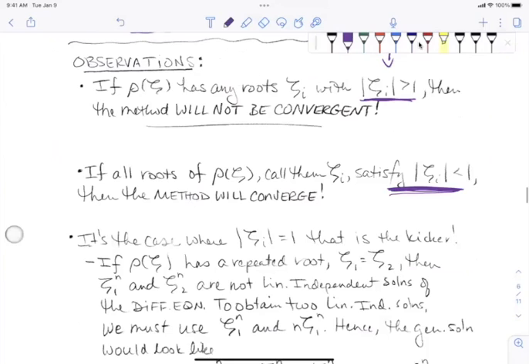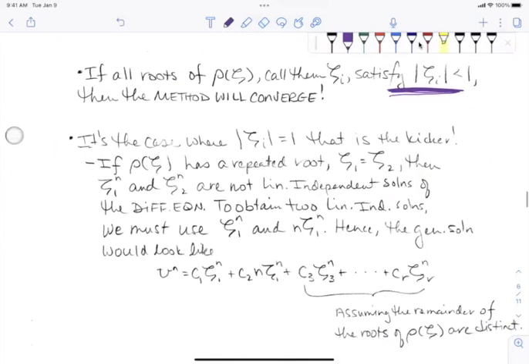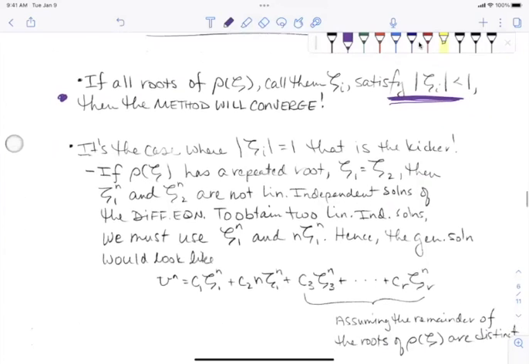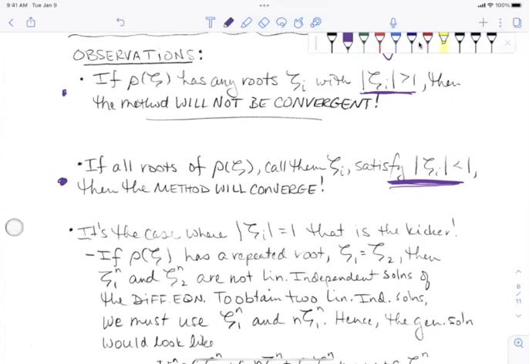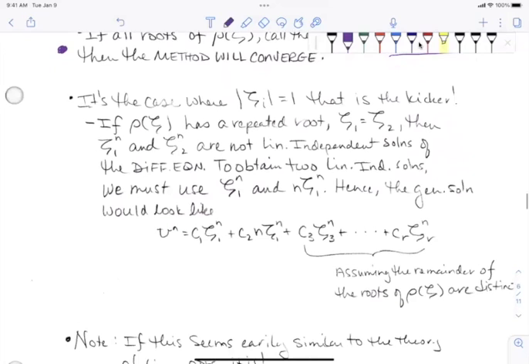Okay, I have considered these two cases: there's a root that's larger than 1, and there's the case where all the roots are smaller than 1 in magnitude. Well, now here's the special case. What happens if you have a case where at least one of the roots has a modulus or magnitude or absolute value of 1?